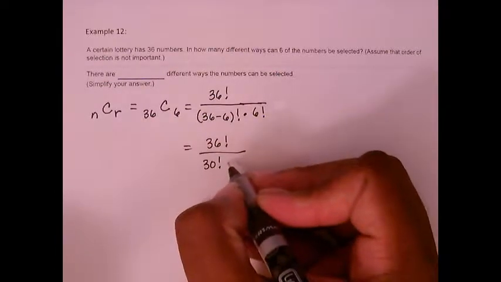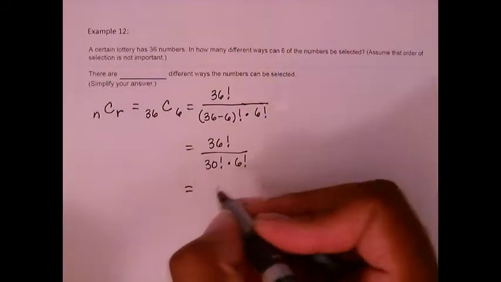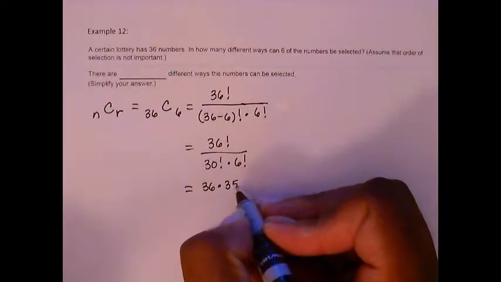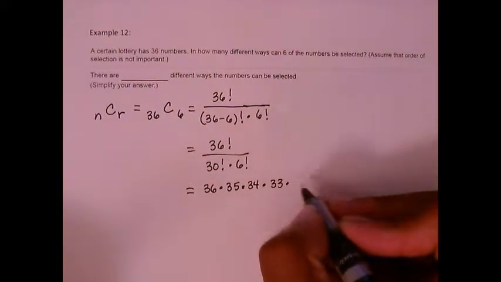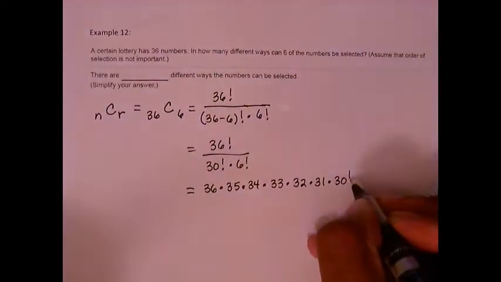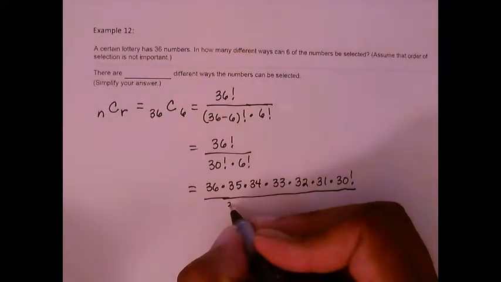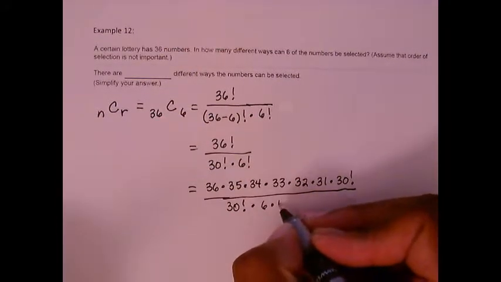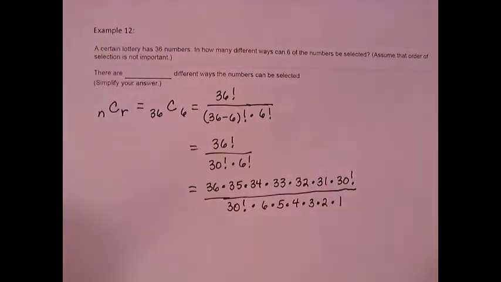So that's 30 factorial times 6 factorial. Now I'm going to expand 36 factorial as 36 times 35 times 34 times 33 times 32 times 31, and I will stop at 30 because the denominator does have the 30 factorial, which I can divide out. And I'm going to expand 6 factorial as 6 times 5 times 4 times 3 times 2 times 1.